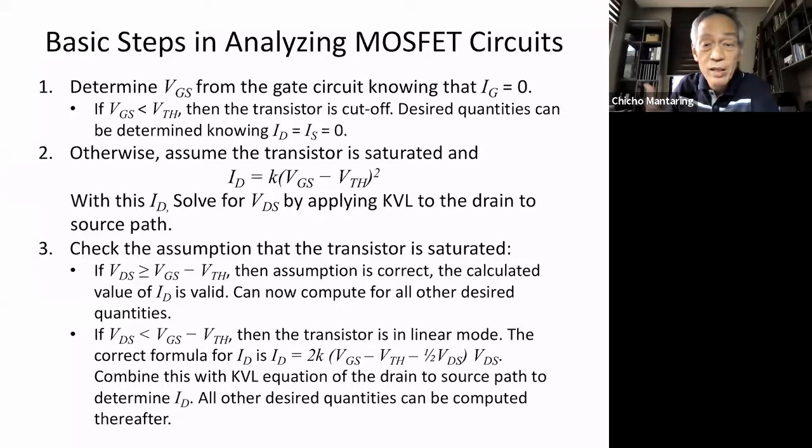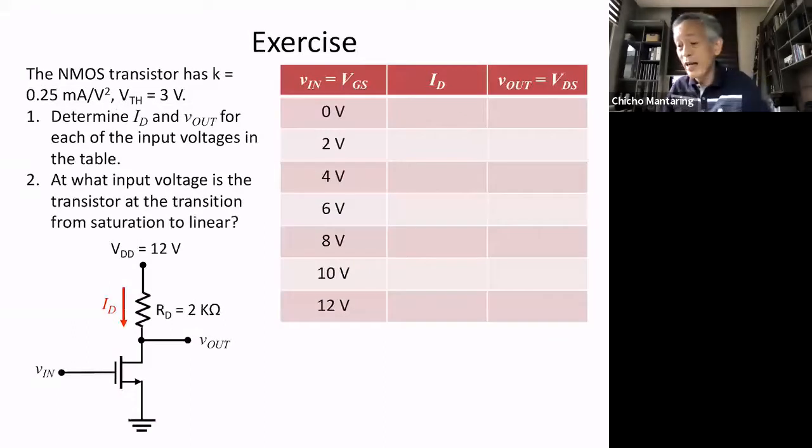Okay. So what better way to illustrate these steps than through an example? So this is my example. I had an example similar to this for the BJT. Let's do it again for the NMOS.